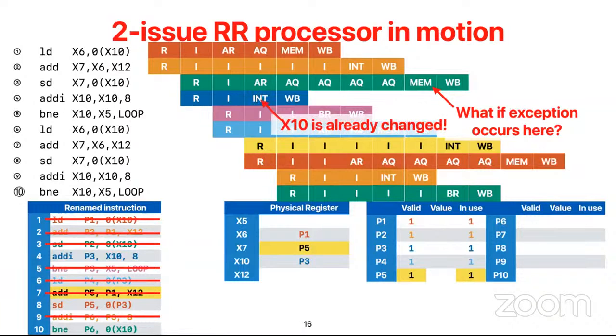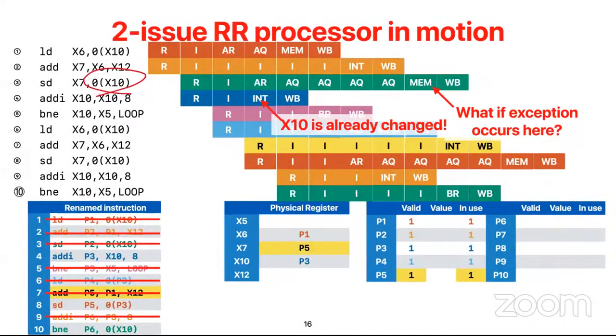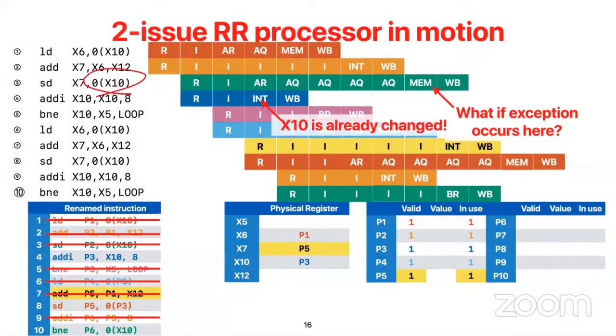It's already changed. And your exception handler potentially needs the X10 value because I want to know where in memory generates the page fault. It turns out that your exception handler won't be able to get the right value, and even if my exception handler gets the right value, how can I revert the following instruction sequence back? That's an issue.